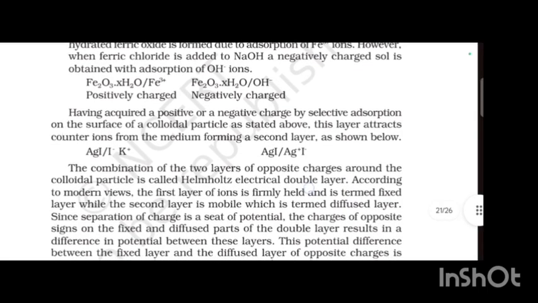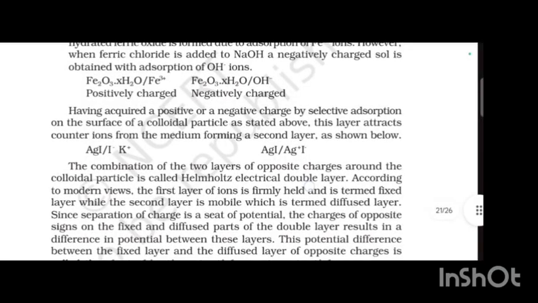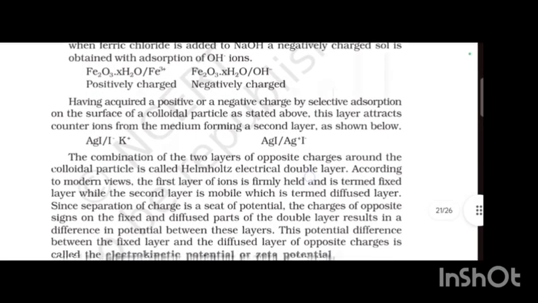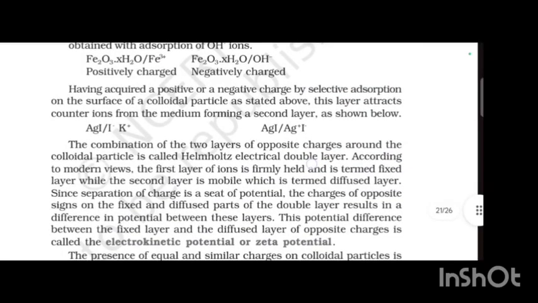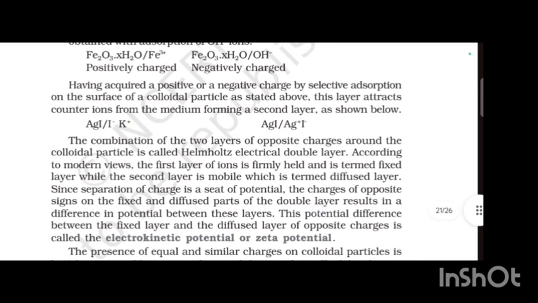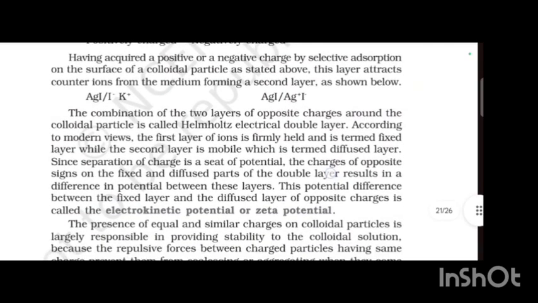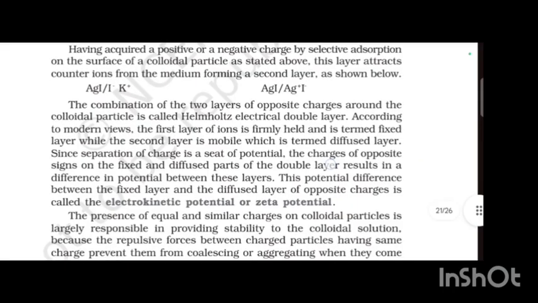However, when ferric chloride is added to NaOH, a negatively charged sol is obtained with adsorption of OH⁻ ions. Fe2O3·xH2O/Fe3+, positively charged. Fe2O3·xH2O/OH⁻, negatively charged.